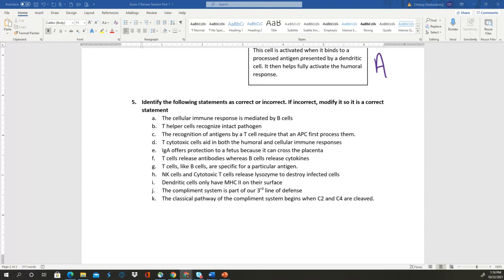And it starts at C1. The lectin pathway is activated by the detection of mannose, which is a sugar only on bacteria, and it is going to be what starts with C2 and C4. And then the alternative pathway detects just other antigens in a cell wall, and that starts straight at C3.